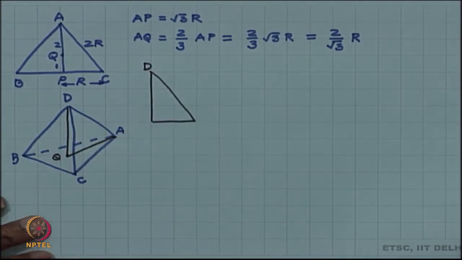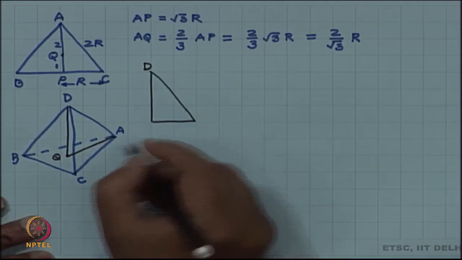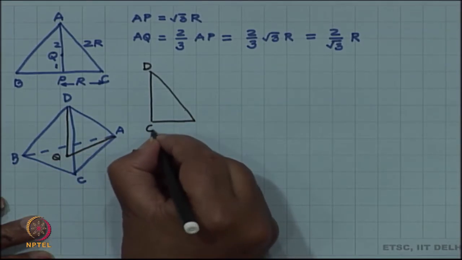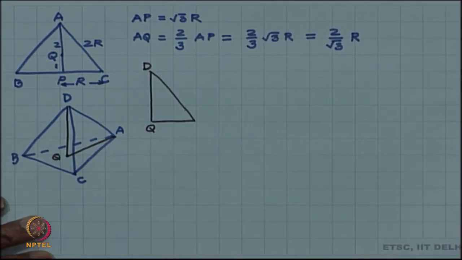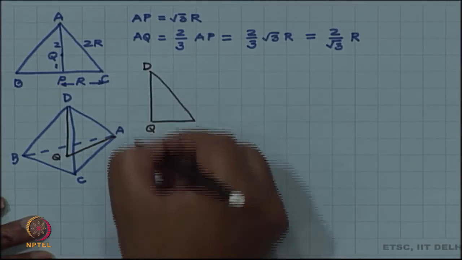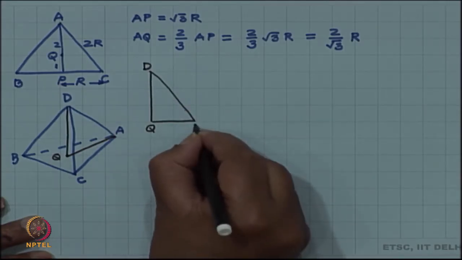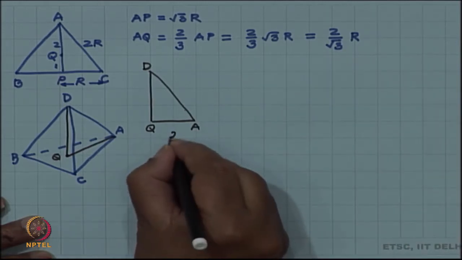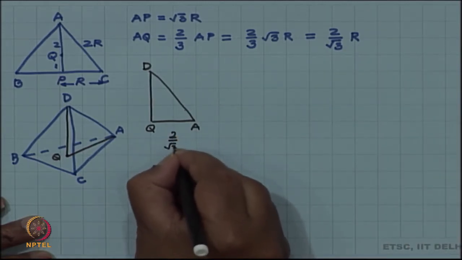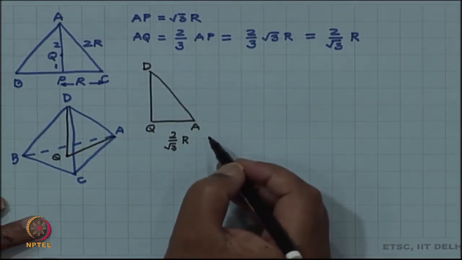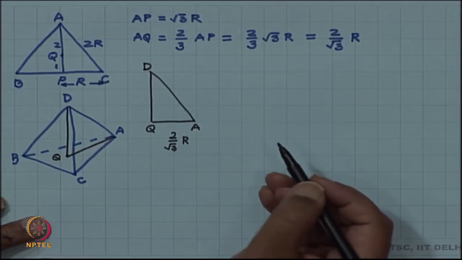From the top corner D, we have dropped a perpendicular on the base ABC, which also is exactly at the centroid of the base ABC. So, that is DQ, and we have A. We have already found AQ, which is 2 by root 3 R. AD is again an edge of the same tetrahedron, and this is a regular tetrahedron.